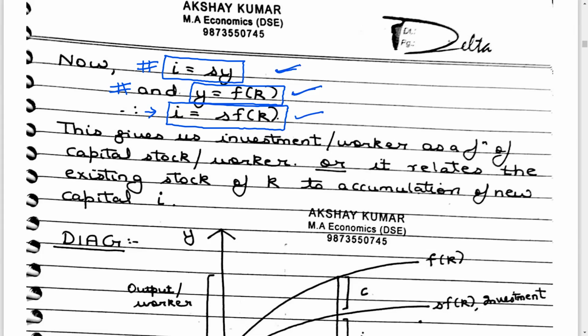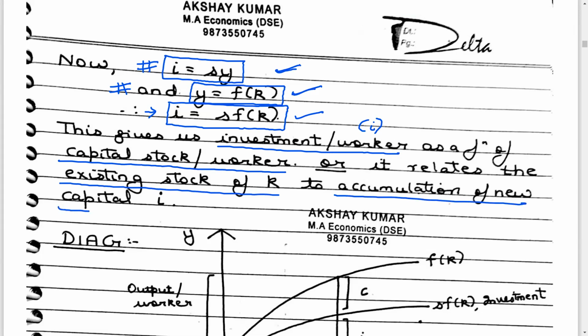So this gives us investment per worker, which is small i, as a function of capital stock per worker, or it relates the existing stock of capital, which is small k, to the accumulation of new capital, which is i. So guys, small i denotes accumulation of new capital. Small k denotes existing stock of capital.